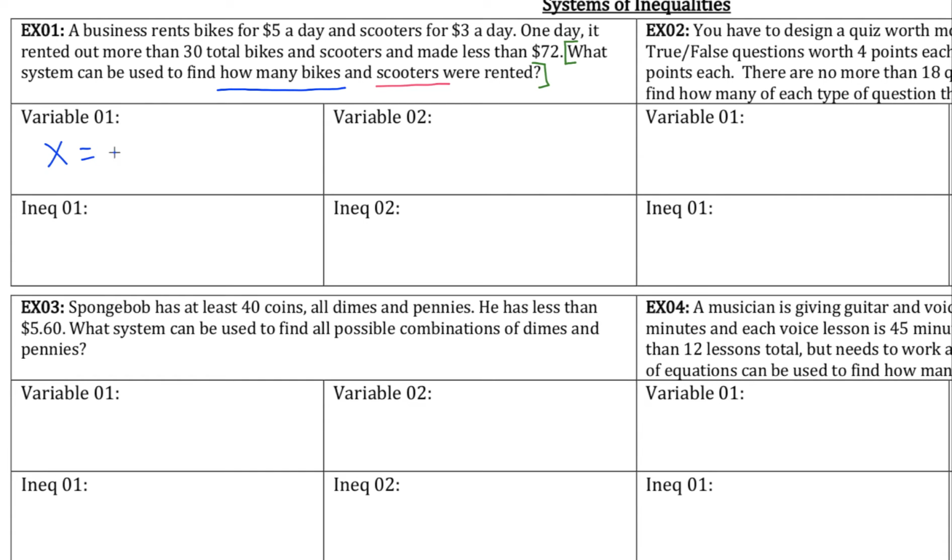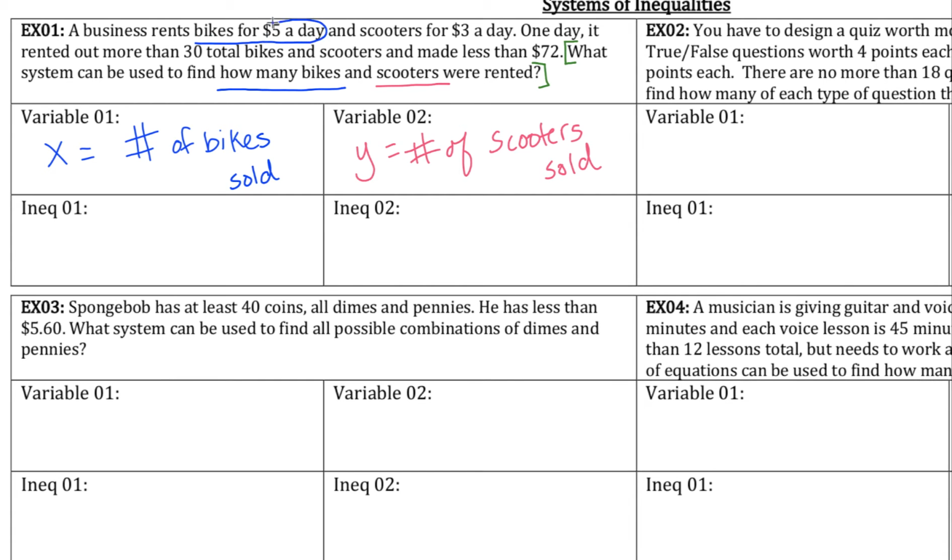X is the number of bikes that were sold, and Y is the number of scooters sold. It tells us that bikes were $5 a day and scooters were $3 a day.